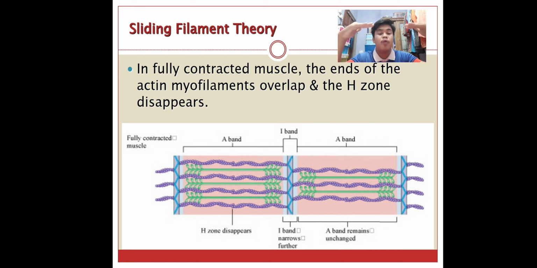When contraction occurs, the actin myofilaments overlap with each other and make the H zone in the middle disappear. It is because during full contraction, the muscle is totally short, so the H zone disappears.